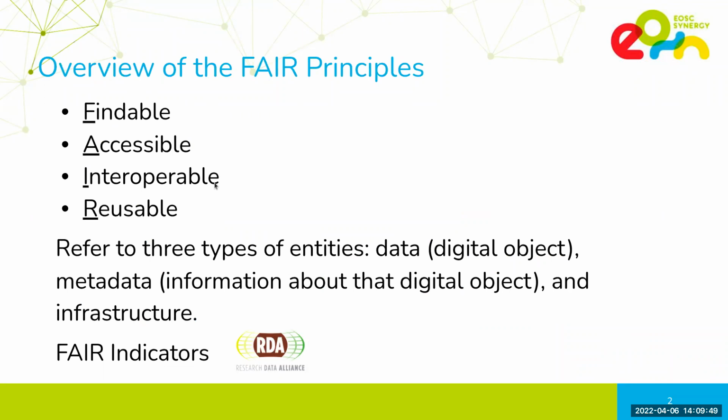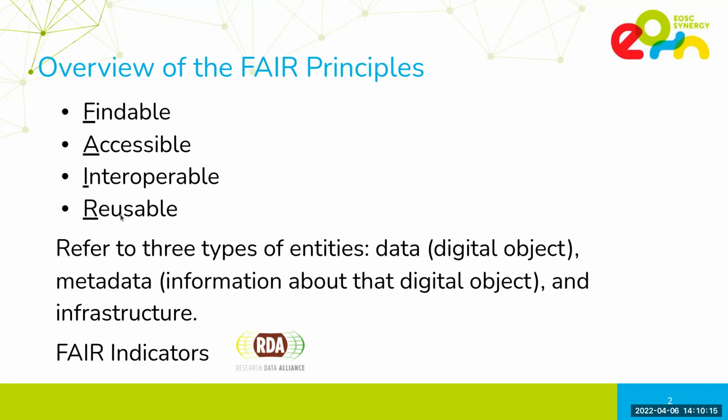I would like to emphasize their importance and how we can translate the FAIR principles in a technical way. That means how we can automatically check whether a dataset or any digital object adopts the FAIR principles. As you probably know, FAIR means findable, accessible, interoperable, and reusable.